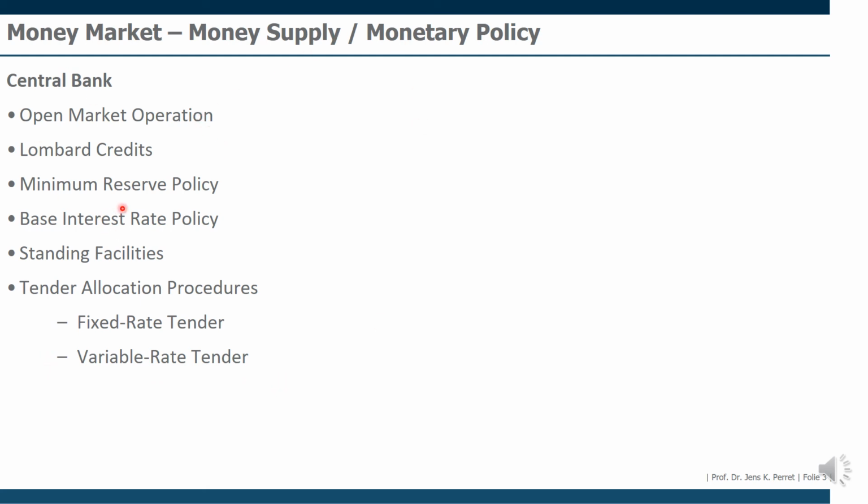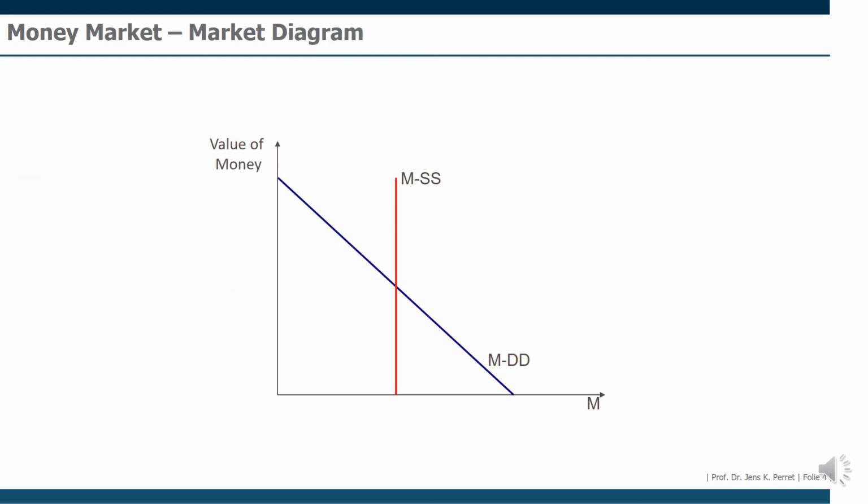And this concludes then this part on money supply. So we had the demand side, we had the supply side. Now we can actually combine the 2 sides, giving us this illustration of the money market. Whereas here, that's the money supply via the central bank.